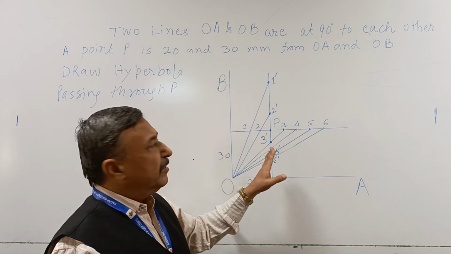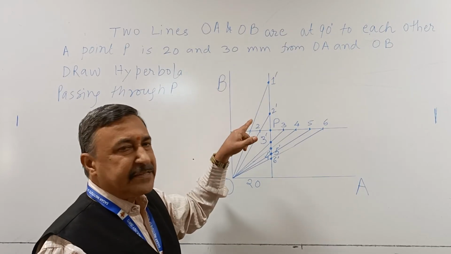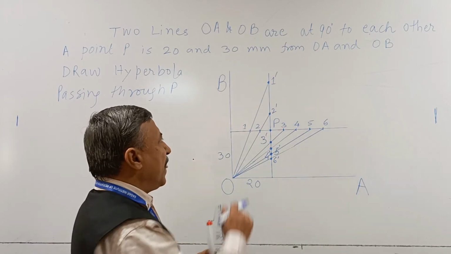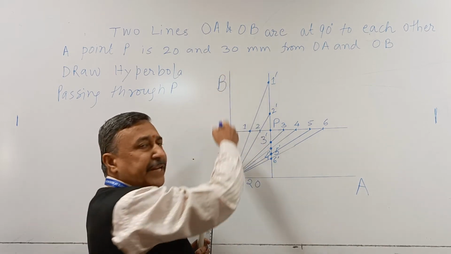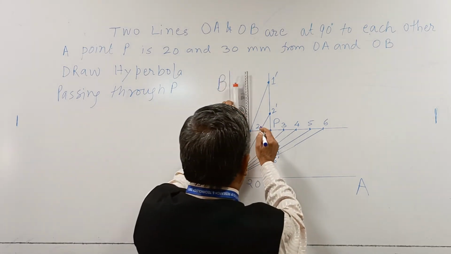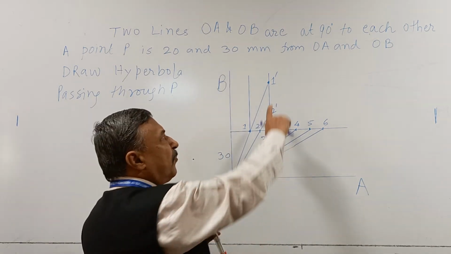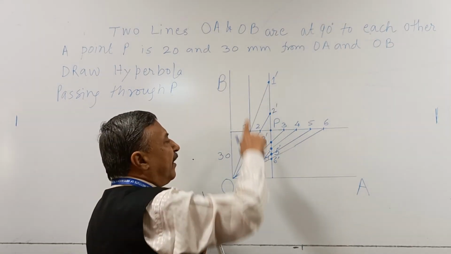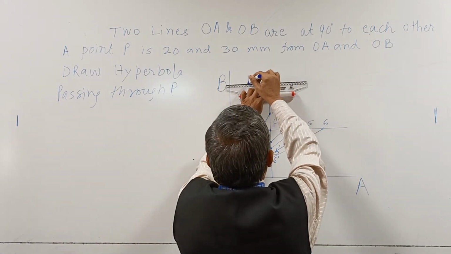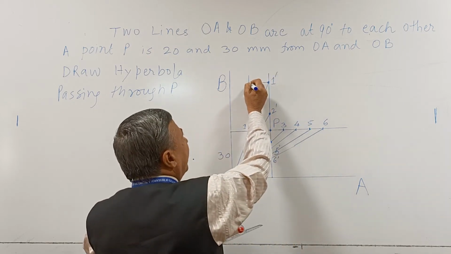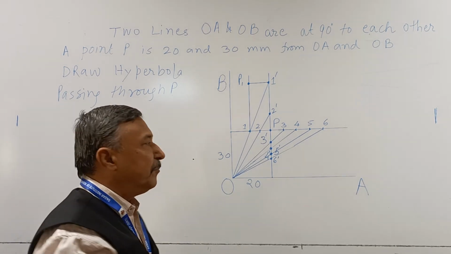Now we have to draw lines again, parallel to OA and parallel to OB, through these points. Now how? See, from point 1 we have to draw a line parallel to OB like this. And from point 1 dash we have to draw a line parallel to OA like this. So this is our point P1, the first point for the hyperbola.